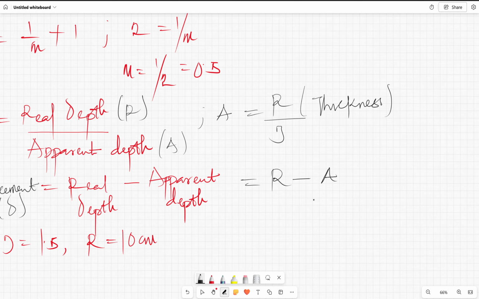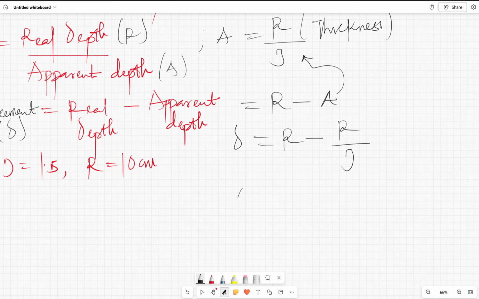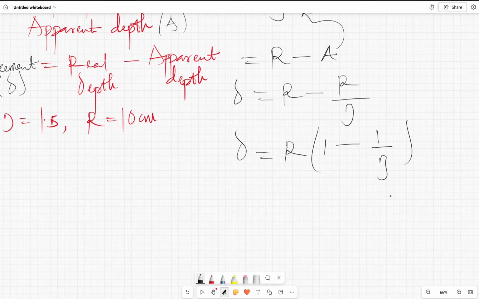So when we bring it in here, we're going to have R minus R over the refractive index, which is the displacement D, such that D is equal to, when you factorize R, R into bracket 1 minus 1 over the refractive index. So don't forget that R can also be called thickness.